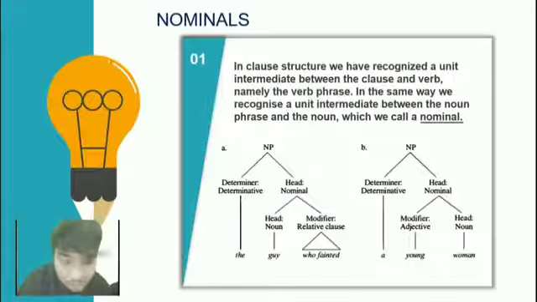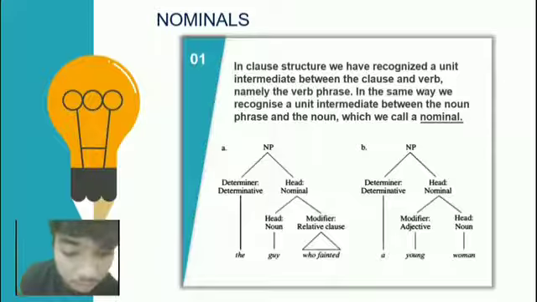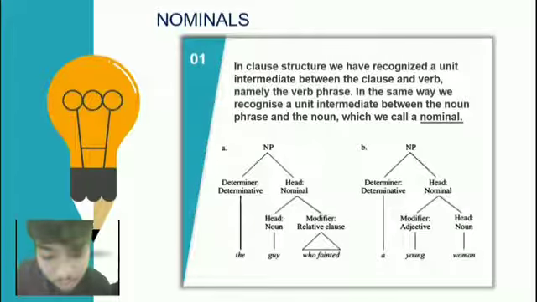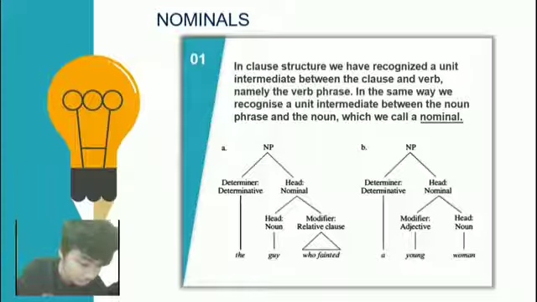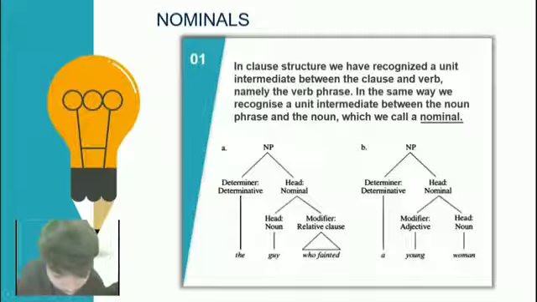And next, nominals. In clause structure, we recognize a unit intermediate between the clause and the verb, namely the verb phrase. In the same way, we recognize a unit intermediate between the noun phrase and the noun, which we call a nominal. You can see the following example in this picture. The guy who fainted.